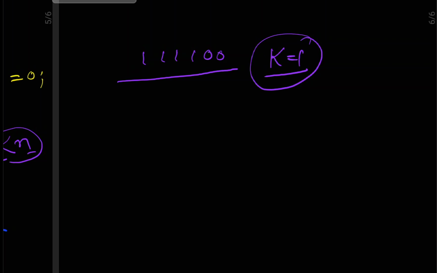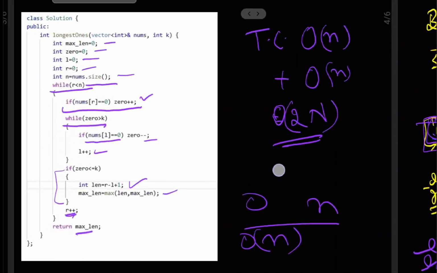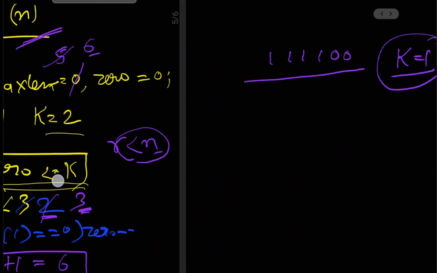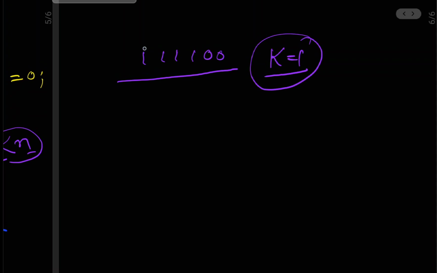So in the worst case, what will be the length of this inside while loop? Look, I will start from here, my left is here and my right is moving, and right is here and right is here. When my right is here, my zero count will be 2, which violates my condition.